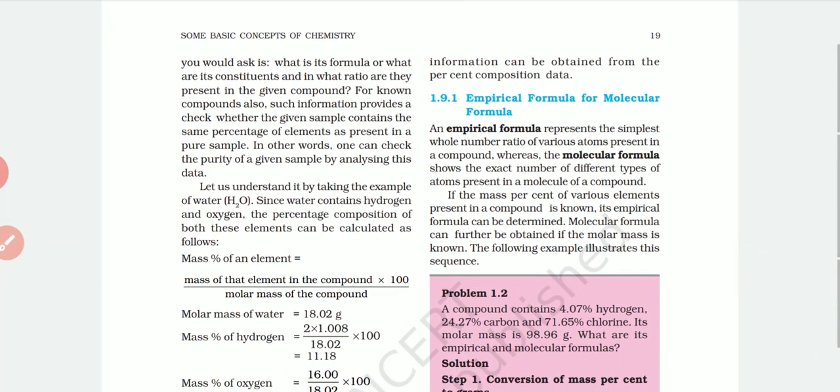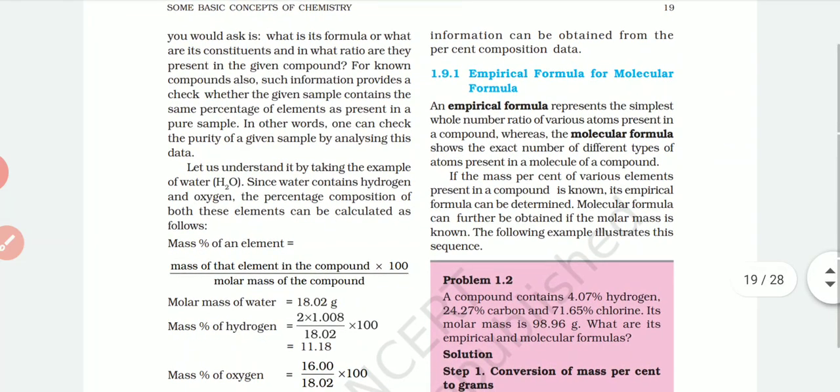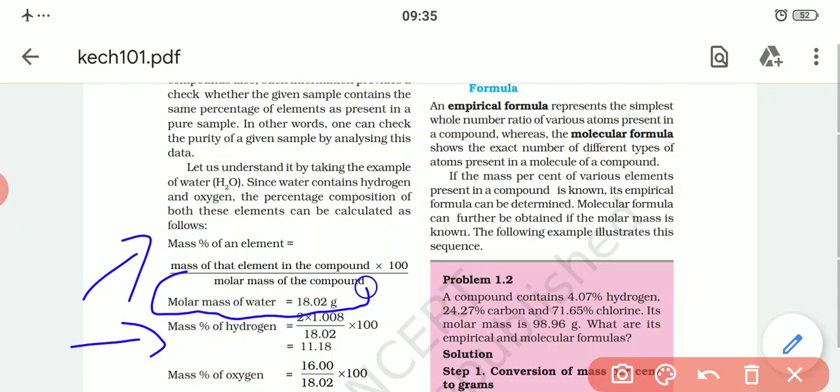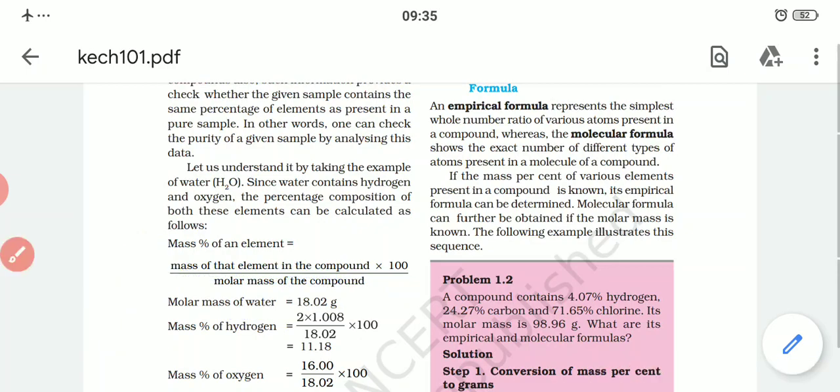So the mass percentage of an element is equal to the mass of that element in the compound divided by the molecular mass of the compound, into 100. Okay, if you want to find the percentage mass of hydrogen, you have to know the molecular mass of that compound. Here we take water. The molecular mass of water is 18 gram.